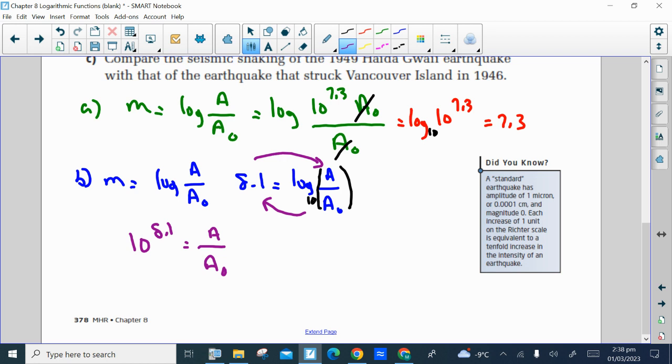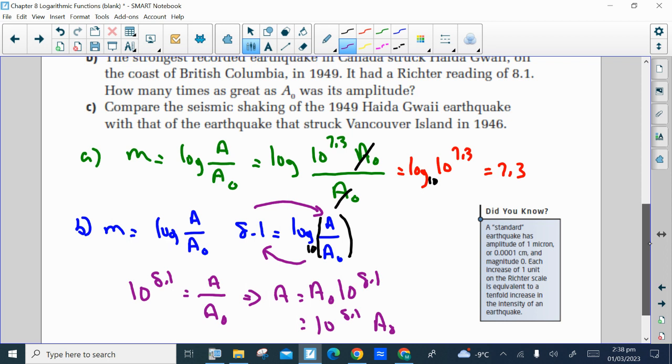And we want to get A by itself. And we would do that by multiplying both sides by A sub 0. So A will equal A sub 0 times 10 to the power 8.1, or 10 to the power 8.1 times A sub 0. There's our answer. How many times more intense is A compared to A sub 0?